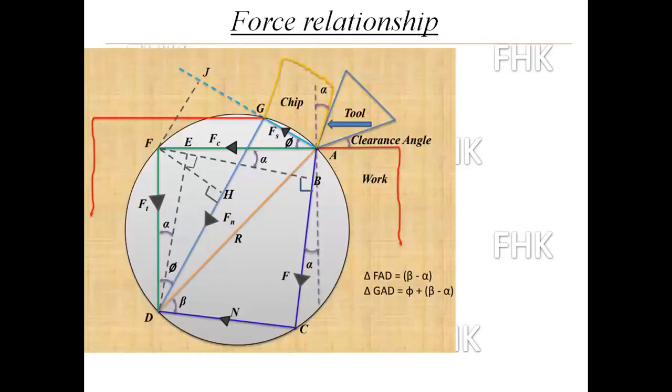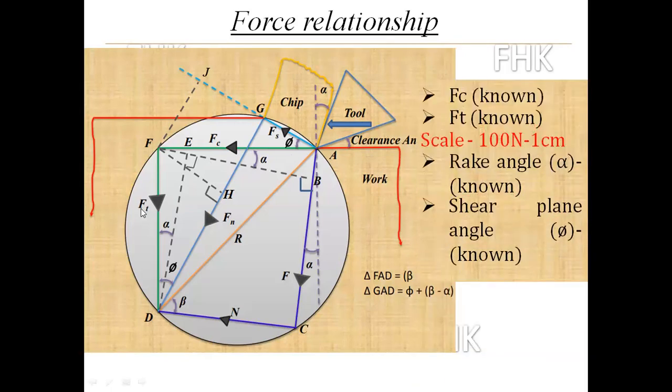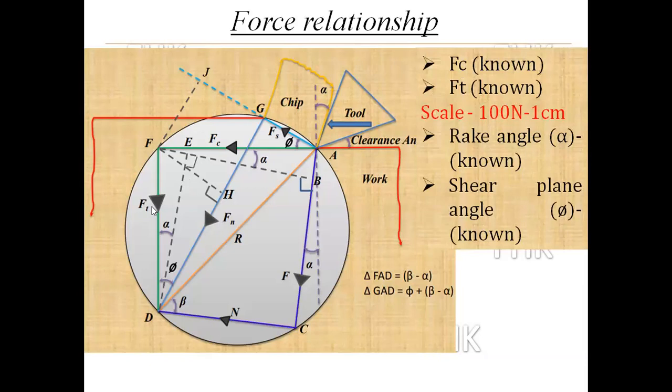So let us start. This is the figure in front of you, known as a merchant circle diagram, in which the tool is cutting the workpiece material in the form of a chip. Alpha is the rake angle, and the forces Fc and Ft are known values, their magnitudes known from a measuring instrument.